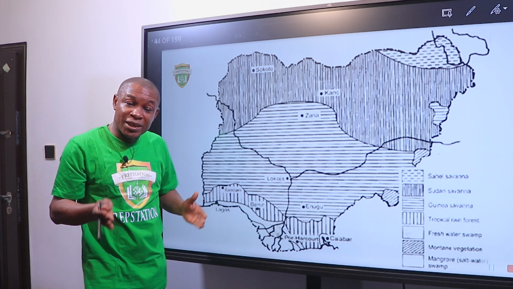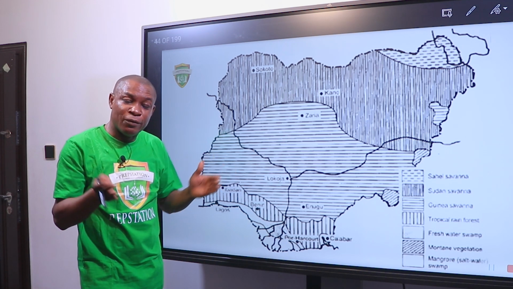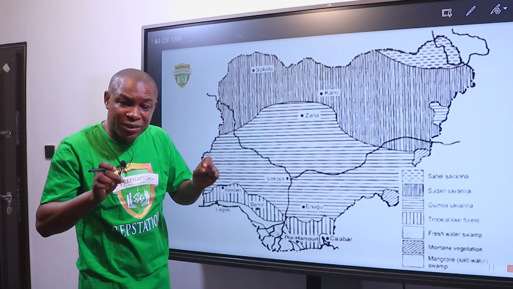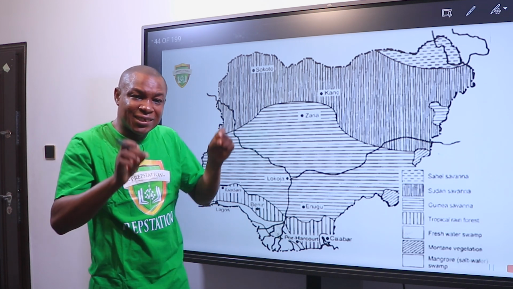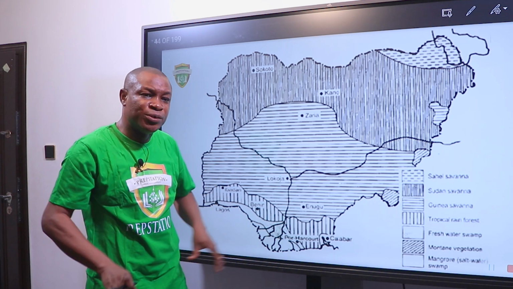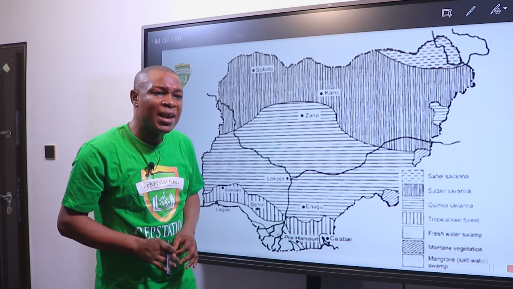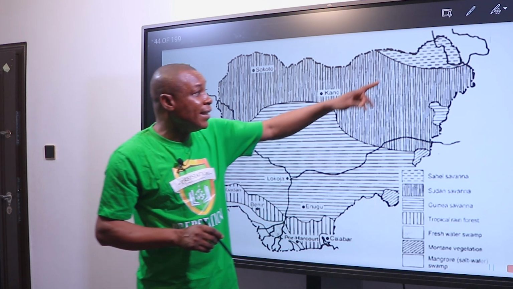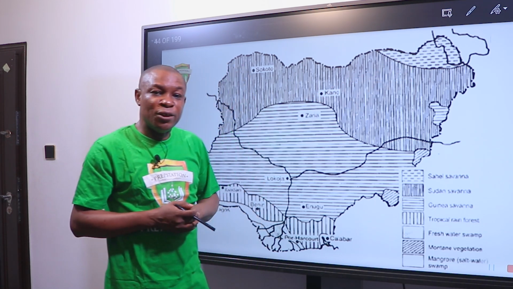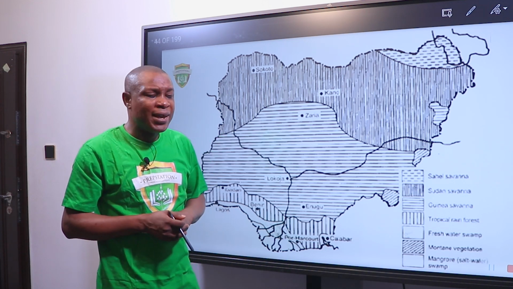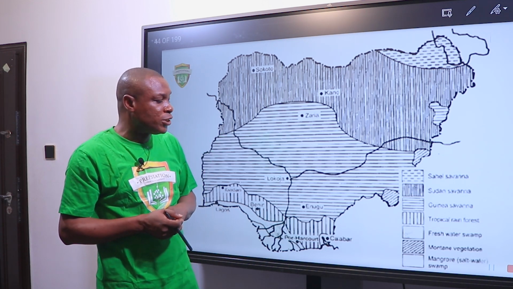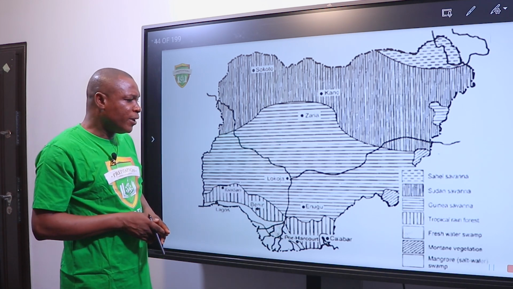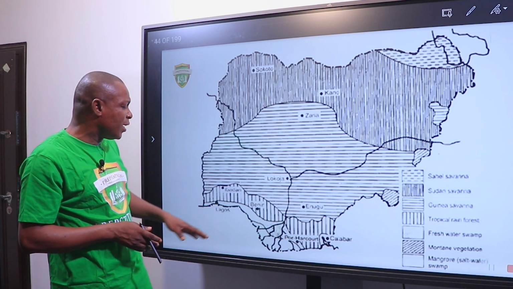And inside the savanna vegetation belt, the largest in Nigeria is the Guinea savanna, and then the smallest is the Sahel savanna, located in the Maiduguri axis, close to Lake Chad.